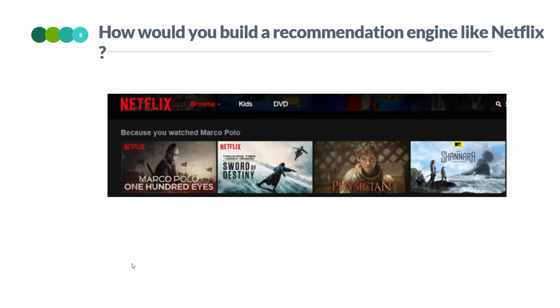Now, if you are going into a company that uses machine learning, then it is possible you might get a tough question like this. How would you build a recommendation engine like Netflix? So building a recommendation engine and scaling it to millions of users would require you to have some knowledge on big data, right?